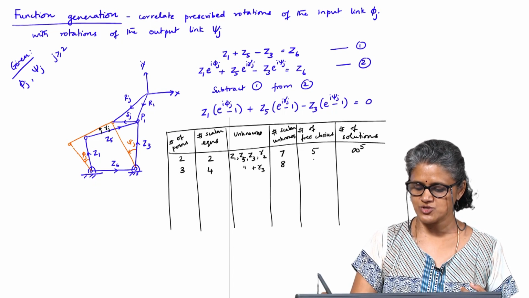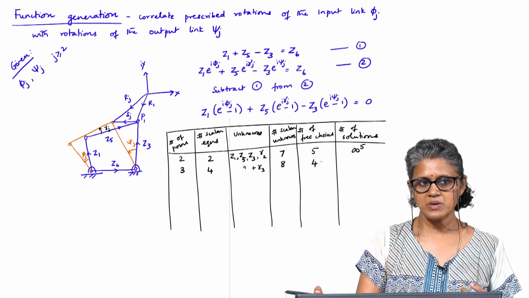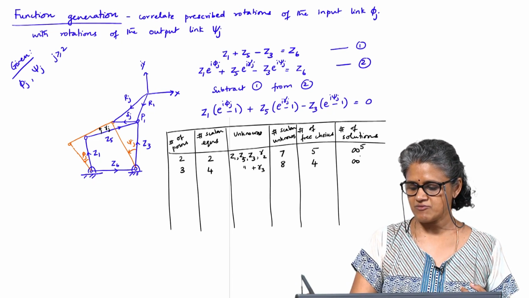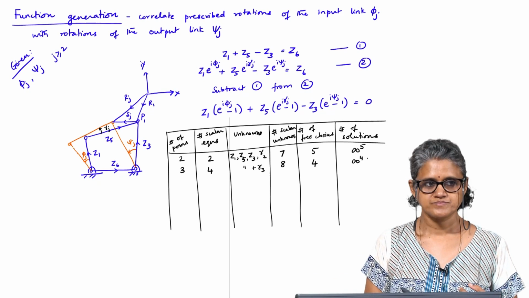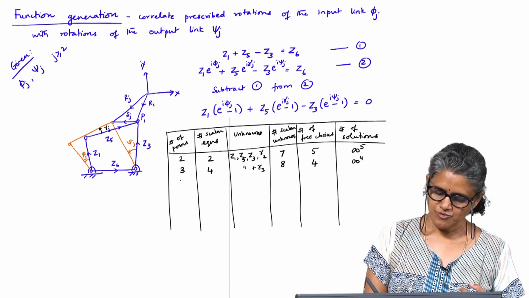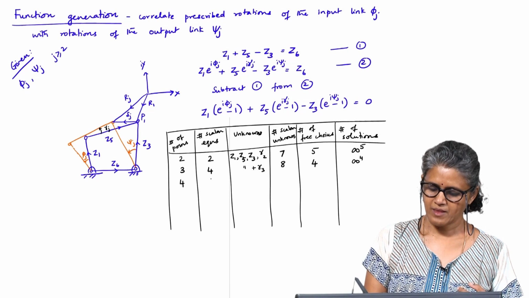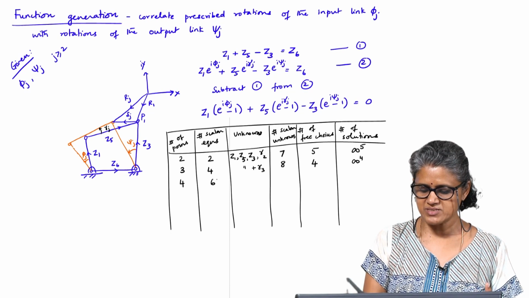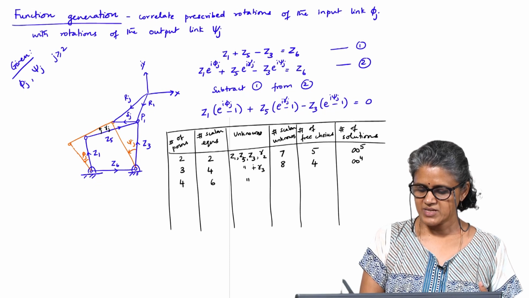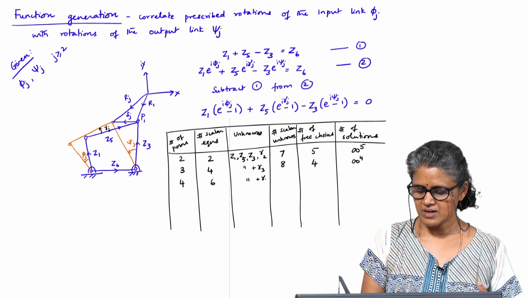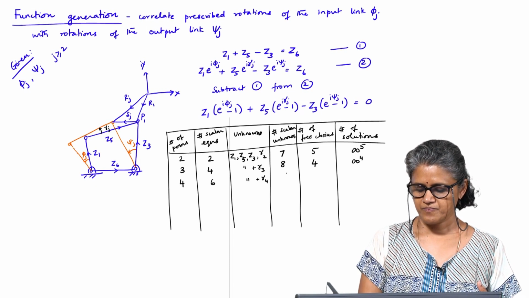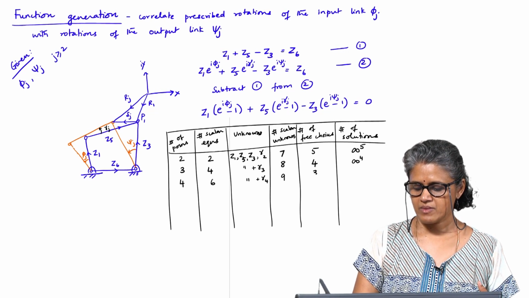So the number of free choices goes down by 1, you have infinity to the power 4. With 4 positions, you now have 6 equations, all these unknowns plus gamma 4.